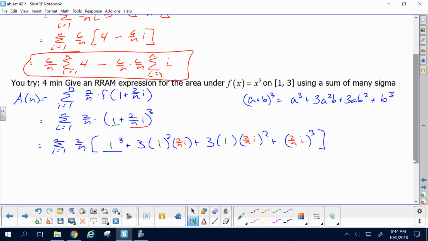This is the worst case scenario, a cube of something that starts off at 0.